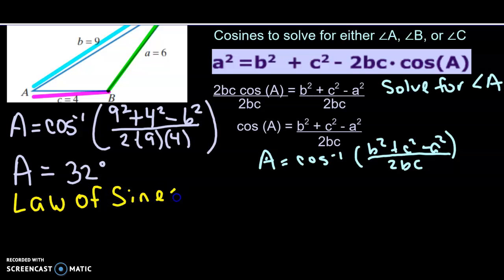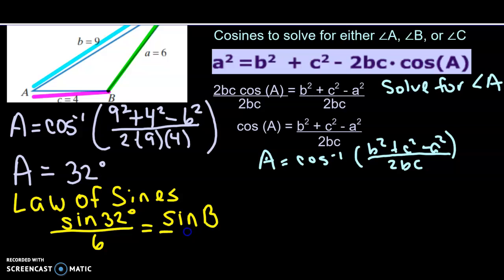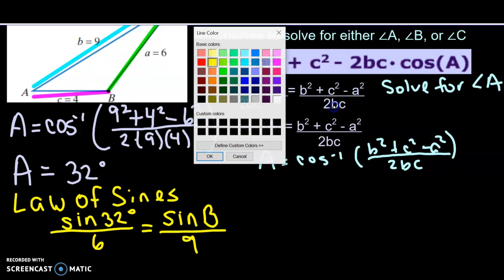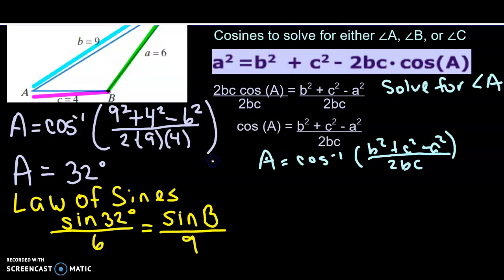So we have now our angle A, so sine of 32, and I know side A is 6, equals sine of B over side b, which is 9. I'm going to do that for B, and I'm also going to set up for C as well, so I'm able to see the measurements.